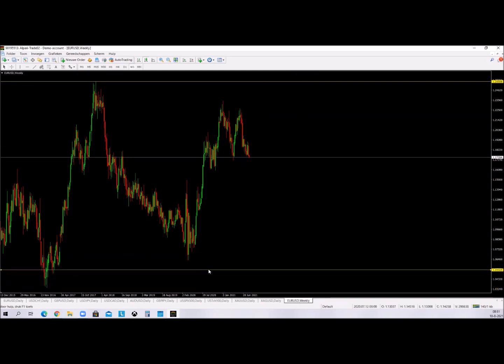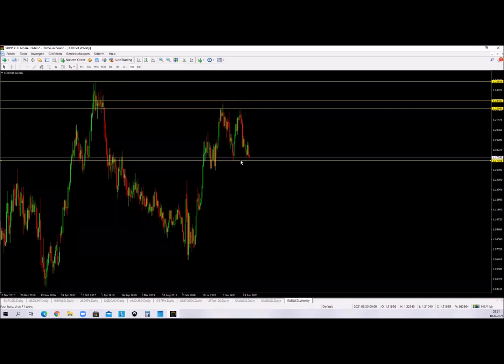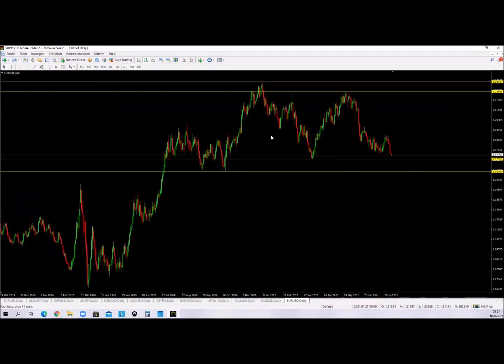So on the weekly time frame, this swing high is important, this swing high is important, this swing low is important, and this double bottom. These are the most important areas on the weekly time frame to me right now in terms of levels. So let's go to the daily, and then you have a bit more of a clearer view.